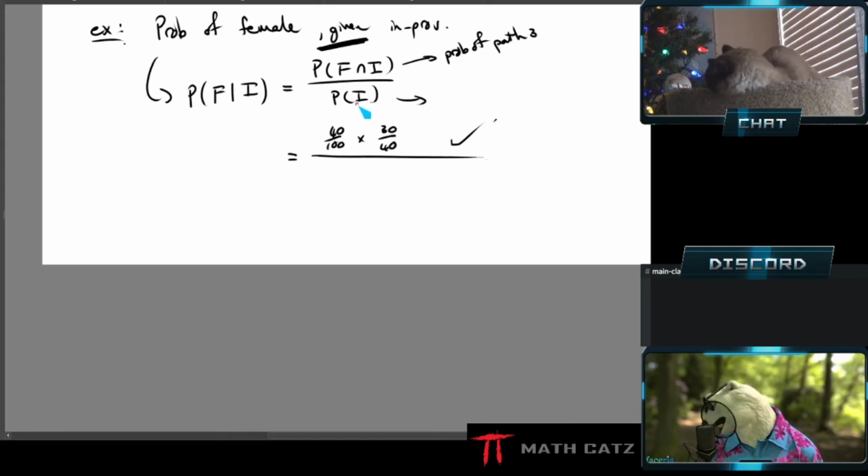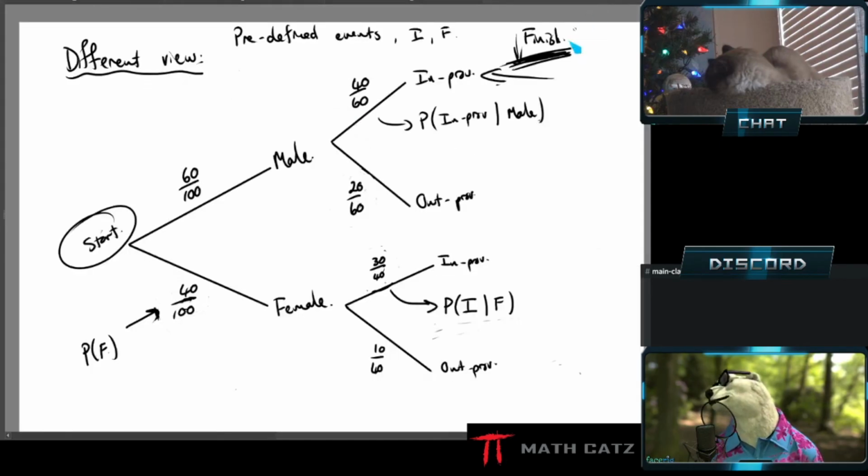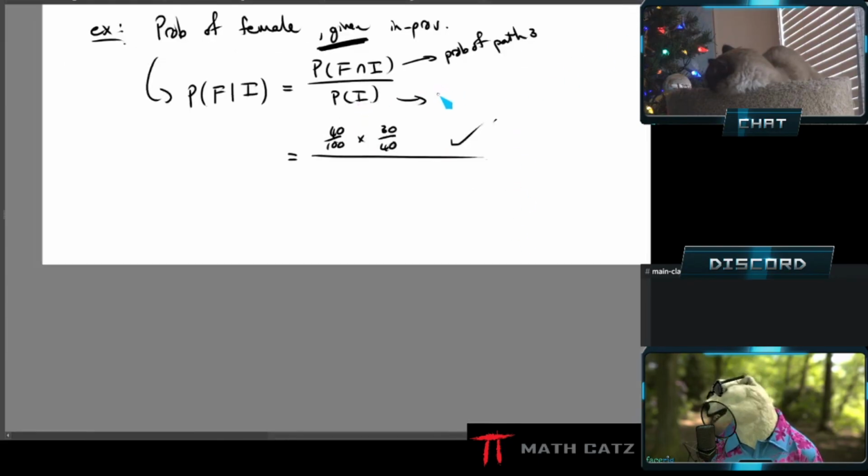That one is not as strict. The probability of being in province. Which paths can give me that? This path or this path. So both paths 1 and 3 will result in a person being in province. So it'll be the probability of path 1 plus the probability of path 3, because I can get it in two separate different ways.